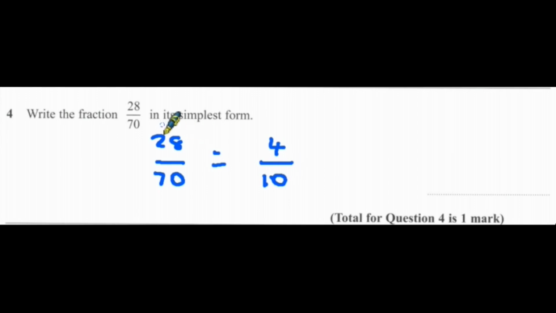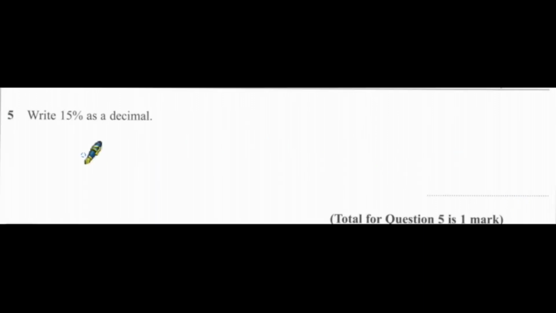Therefore we have simplified it, but it does say write it in its simplest form, so we need to look again. Can I go any simpler? Yes, I can. These two numbers will both divide by 2. 4 divided by 2 is 2, and 10 divided by 2 is 5. I cannot go any further, therefore this is its simplest form.